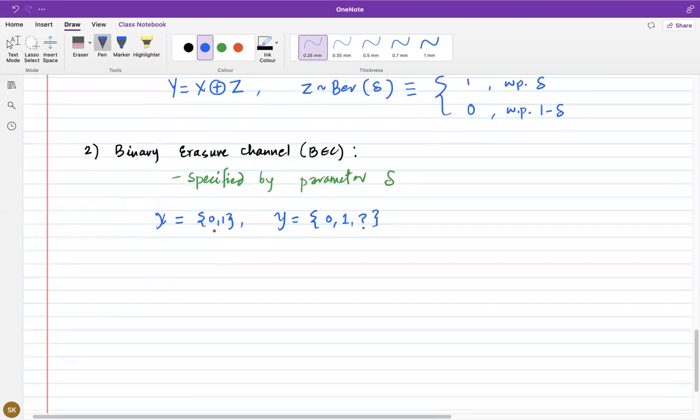So for every input from this set, you get one of these outputs. If you try to send 0, then you may get 0, 1, or a question mark, or simply an erasure. This question mark has a special name: it is known as an erasure. So your message basically gets erased, and you don't know what exactly you got.